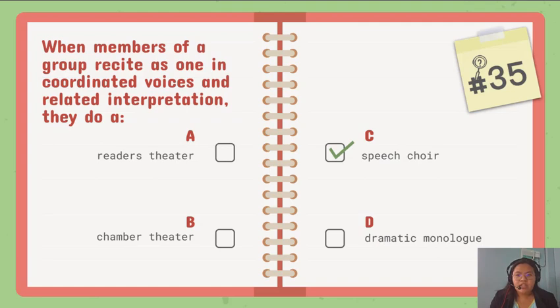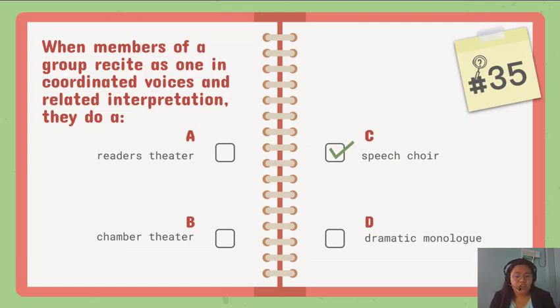Speech choir. Speech choir is variously called choral reading, choric interpretation, and vocal orchestration. It is an ensemble reading technique where a group of readers recite as one in coordinated voices and related interpretation. Choric arrangements may be, number one, reading in unison, in which several voices sound like one instrument, each voice blending with one another.